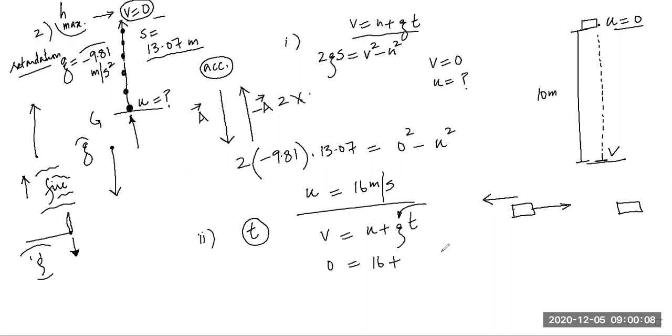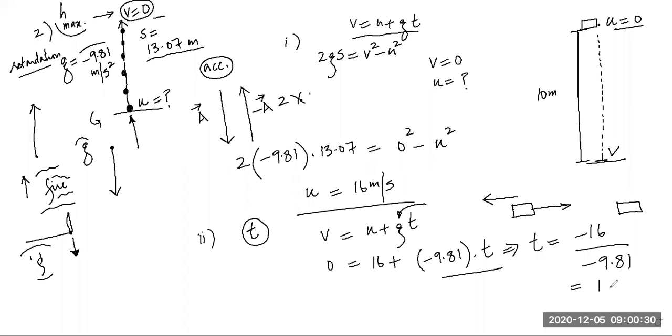Minus 9.8. Correct. Minus 9.81 into T. See, that's why T will come positive. If you take G as positive, T will come negative. Time can never be negative. That's the beauty of maths. So it will be minus 16 divided by minus 9.81, right? So this is equal to 1.63 seconds. All right. So we have done this also.